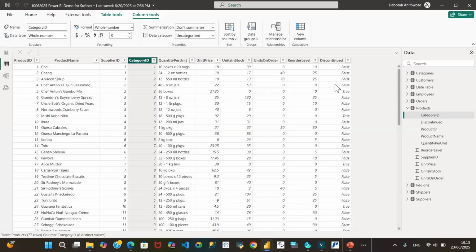So far on this table, all I can see is information around the product.